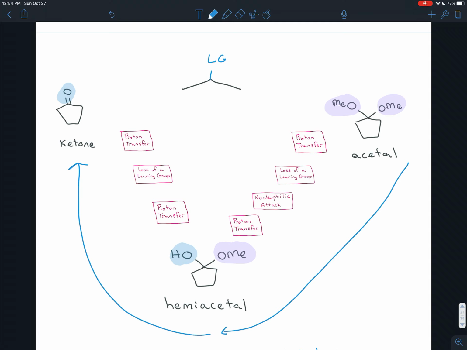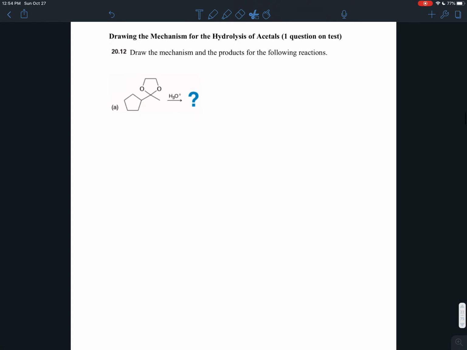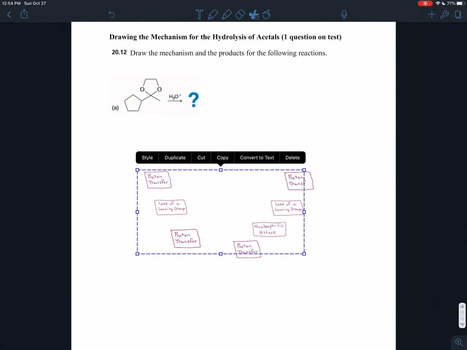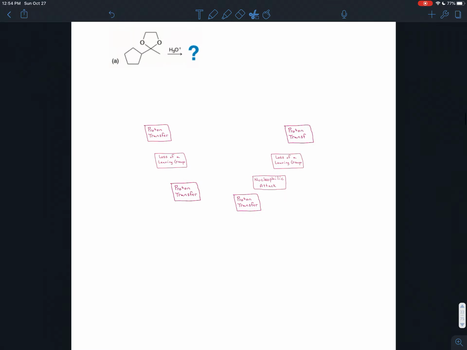And likewise, as we go from the hemiacetal to the ketone, the process will still be bookended by proton transfers, but what was nucleophilic attack is just going to be loss of a leaving group. And so this is our process. These are our steps. So let's organize those for this first one. Let's just place those first together, and then we'll organize these separately.